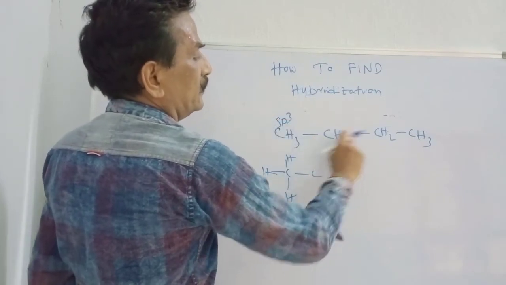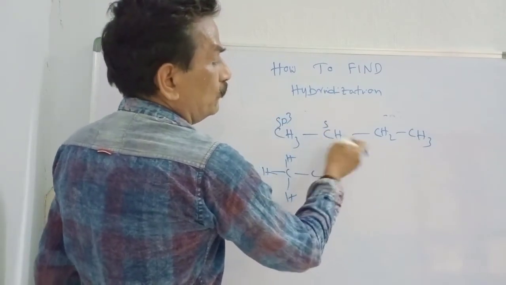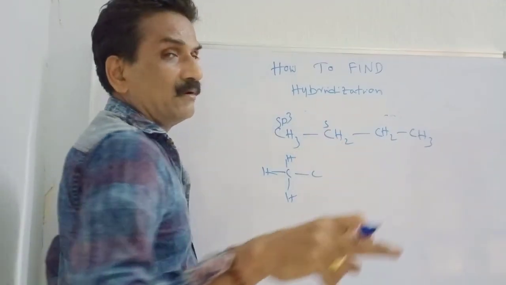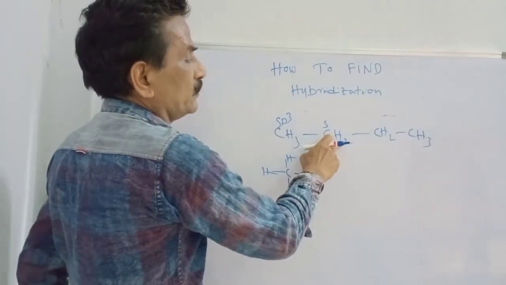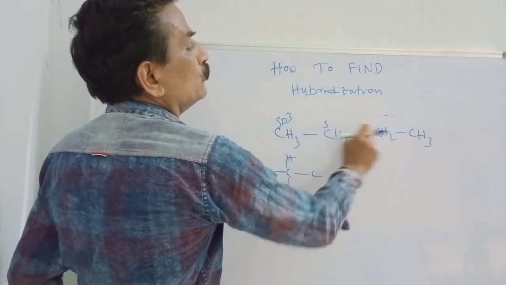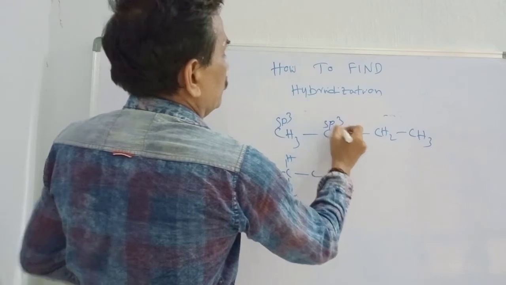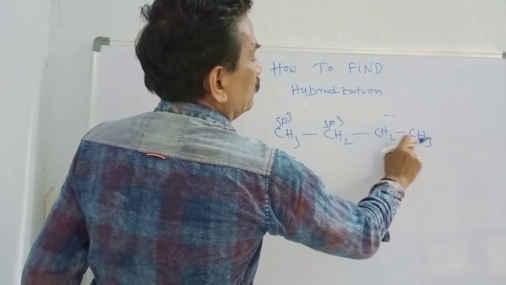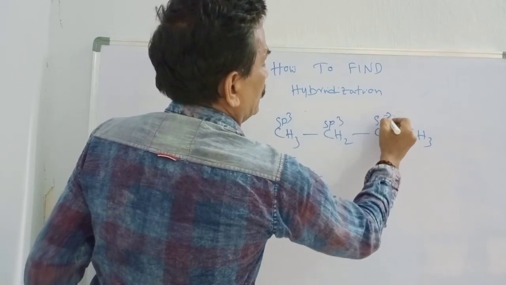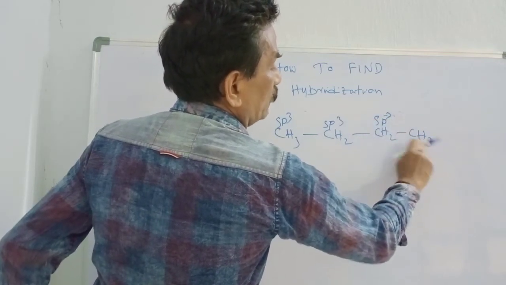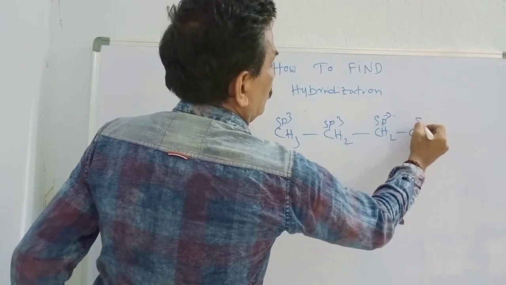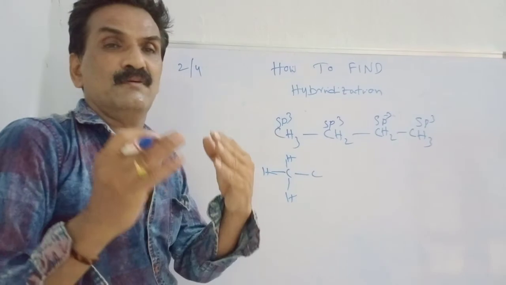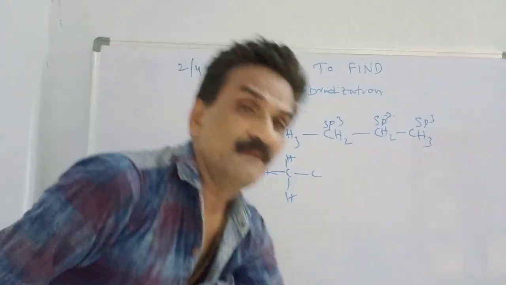Here also, this carbon has 2 bonds with 2 hydrogens and 2 bonds with 2 carbons. Single bond means sp3. Here also carbon has 2 bonds with hydrogen and single bonds with carbon, sp3. Here carbon has 3 bonds with hydrogen and 1 bond with carbon, so sp3. All are single bonds, so the carbon is said to be sp3 hybrid.